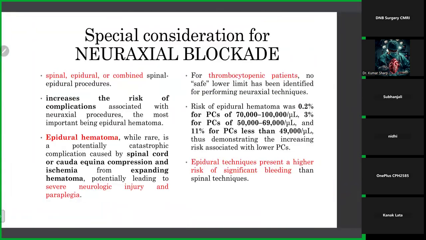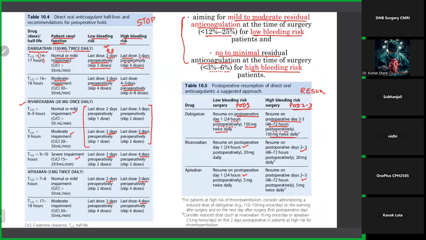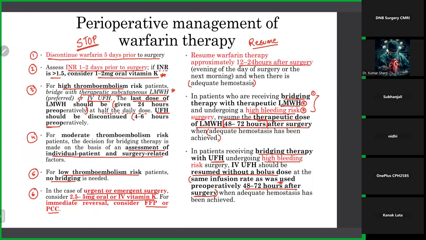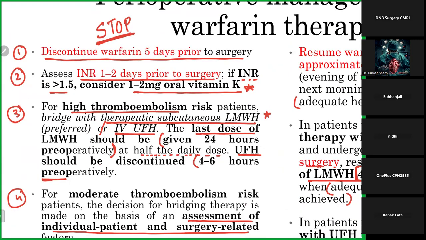I have a question. So, if we were using warfarin, we use something called bridging therapy. We continue with the low molecular weight heparin till the INR is back to normal. What's the duration of bridging therapy for the other oral anticoagulants, like dabigatran, apixaban, rivaroxaban?